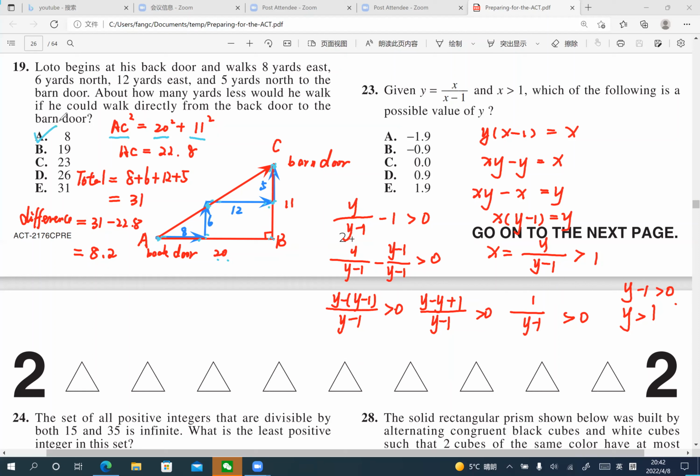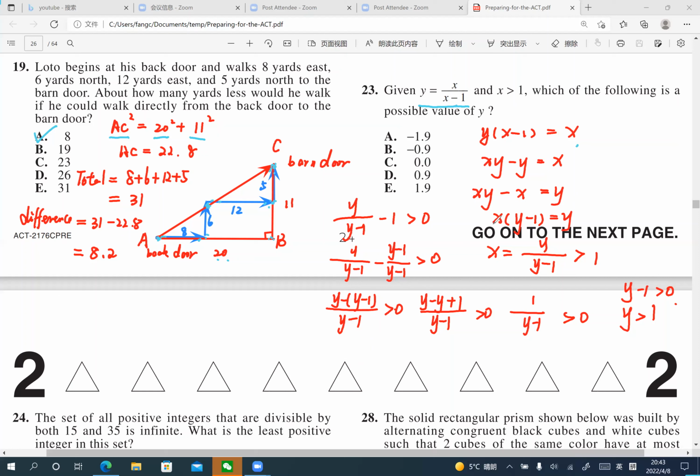Question 23. Given y equals x over x minus 1 and x greater than 1, which of the following is a possible value of y? First, we need to rewrite the equation as a function of x in terms of y. So y times x minus 1 should equal x. Then xy minus y equals x, and xy minus x equals y.